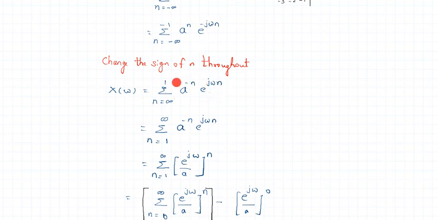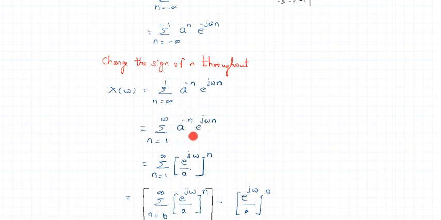Wherever there was n in the DTFT equation, we have changed its sign. The limits from infinity to 1 can be rearranged as 1 to infinity; the meaning of the summation doesn't change. The rest of the equation remains the same.